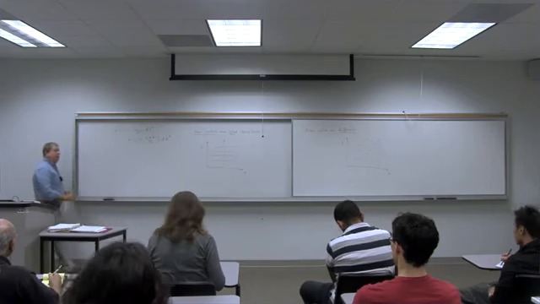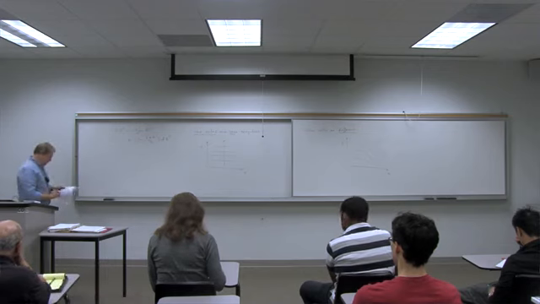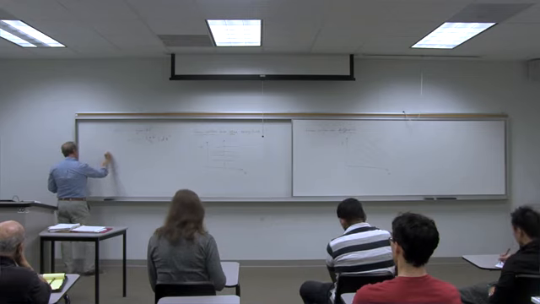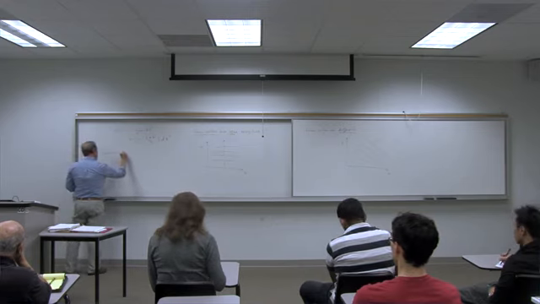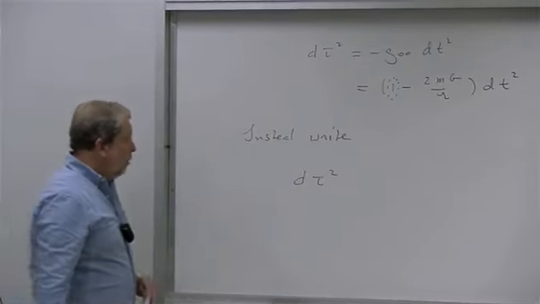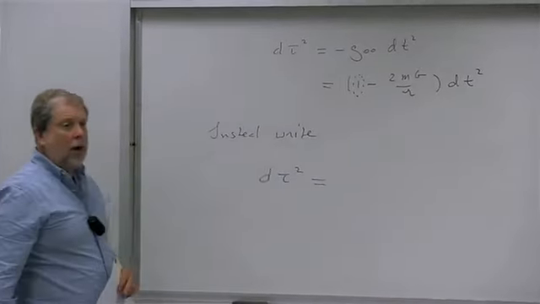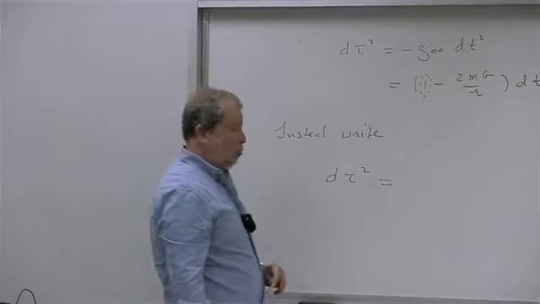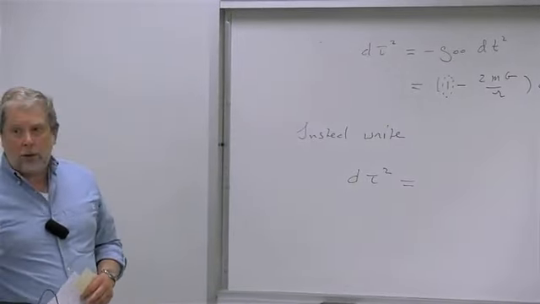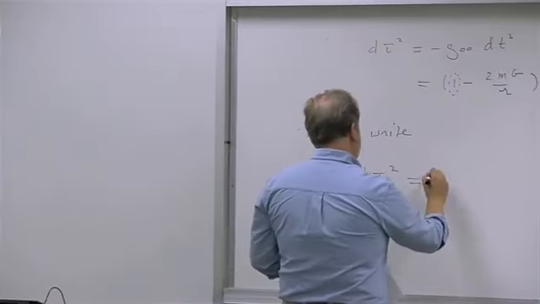And so let's say that instead what we want to do is we want to sum up all sorts of different particles. So instead, write that d tau squared should not just contain the contribution from one particle, but should contain the contribution from all sorts of other particles, which have to do with Jupiter and Saturn and nearby stars, and then the center of our galaxy and so forth.